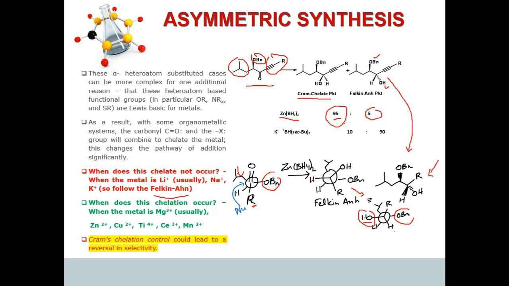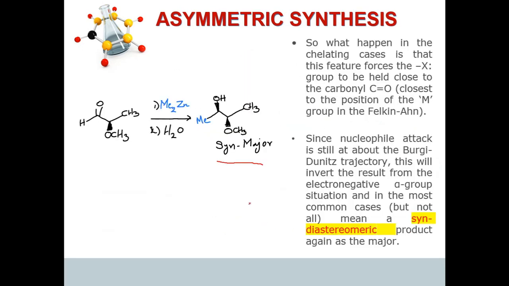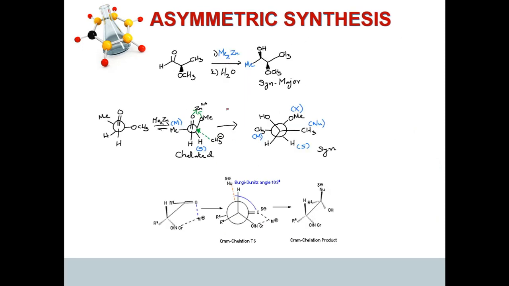Now we need to understand why and how this Cram chelate product becomes the major product in this particular situation, and that is what we are going to see here. Let me take up this molecule. In this molecule I am going to add methyl. Now I have my electronegative or hetero group here perpendicular to the carbon.